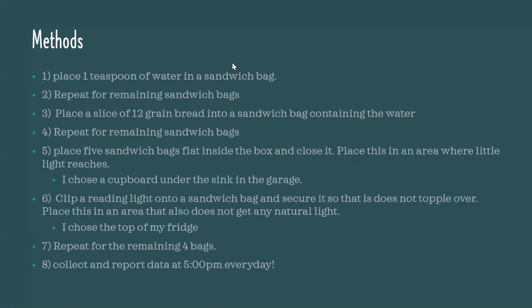So for methods, I placed 1 teaspoon of water into a sandwich bag, shook it up, and then opened it up and placed a slice of bread, 5 of which were then laid down into the box and then sealed in the box, and then the box was placed in a cupboard under the sink in the garage. There was no way for any sort of light to come in.